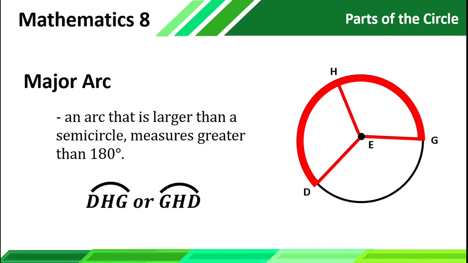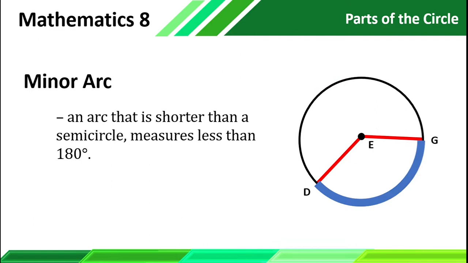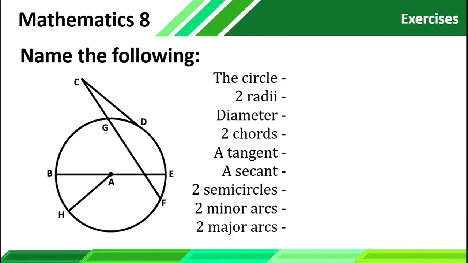If we have major arc, we also have minor arc. So this one is an arc that is shorter than a semicircle, and its measure is less than 180 degrees. So in naming a minor arc, we use 2 points on the circle. So this one is arc DG or arc GD.